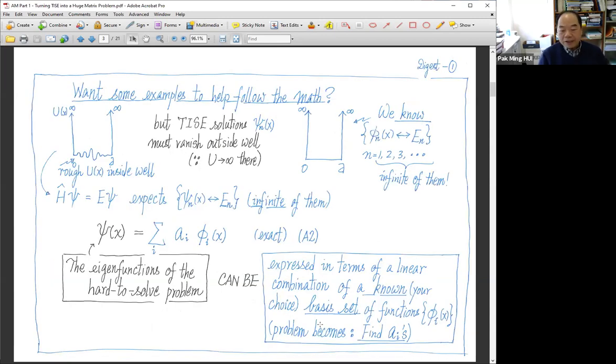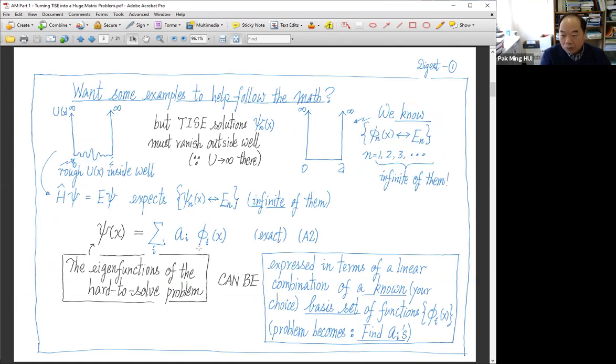Okay, so this is the example that I mentioned. All right, so this is hard to solve, and therefore we have to do more work on it. But we know how to do this, so we have an infinite set of functions here that will be a good choice for the basis function to handle this problem.